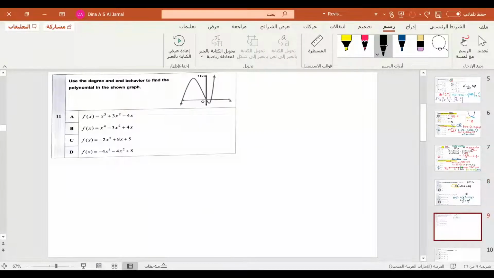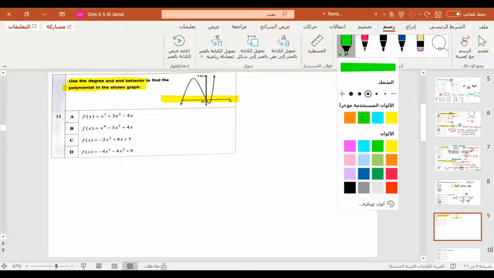Let's go to this question. Use the degree and the end behavior to find the polynomial. This needs your understanding of the end behavior. First of all, let's look at how many times I'm having x-intercepts. Also, let's look at the end behavior.